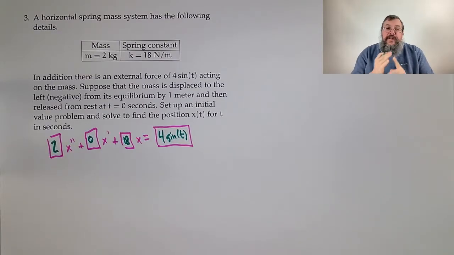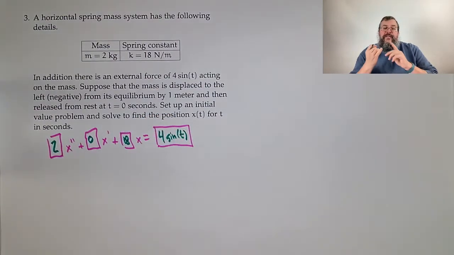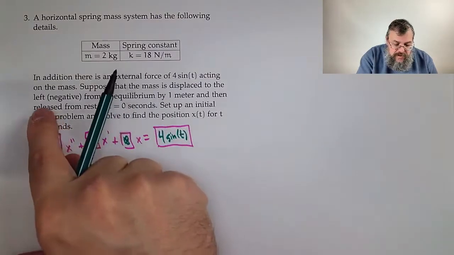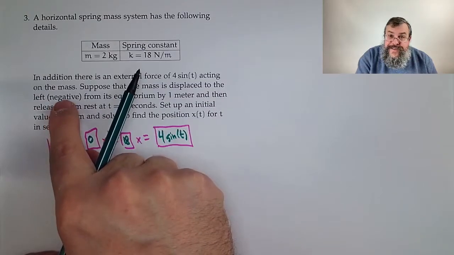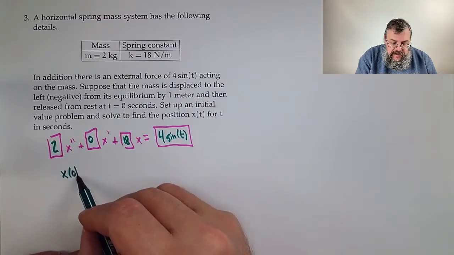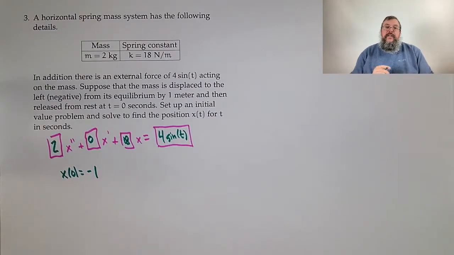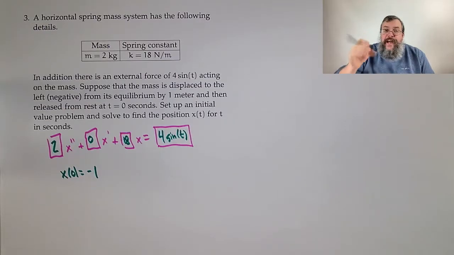But remember, it says set up an initial value problem, which means we also need to specify our initial conditions. So we need to know what's x at time 0 and what's x prime at time 0. Now we're told it's moved to the left and it's also negative. So initially, that says our position is at -1. And then it's released from rest.